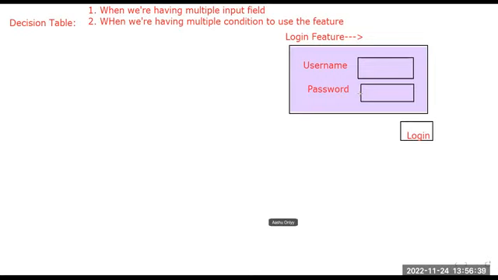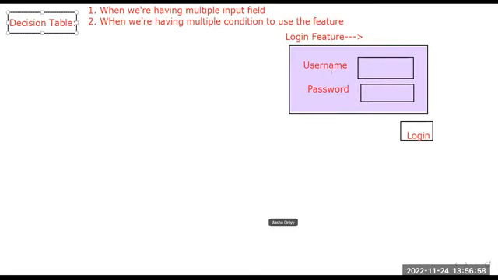So what the decision table says is that if there are multiple input fields, then we can apply the decision table technique. Here we have multiple input fields. Now you want to prepare a quality number of test scenarios for this login functionality, with just two input fields, username and password.